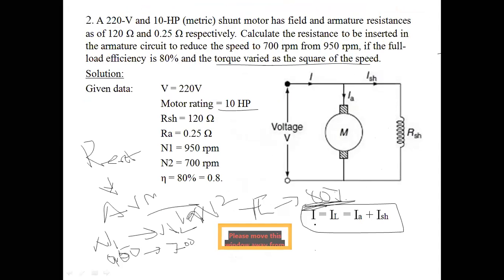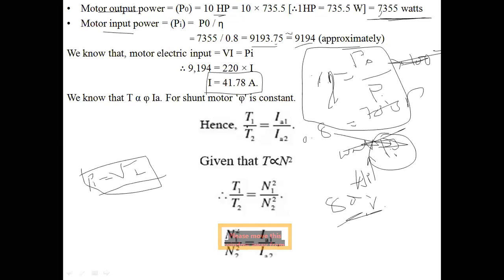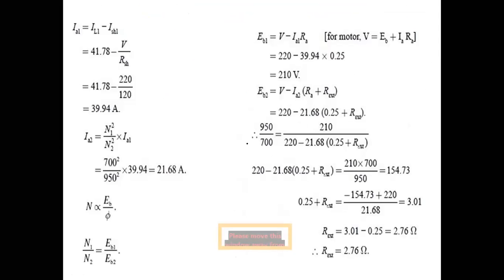This is I, that is 41.78. So please go through these solutions, I will post them. Like this, you are going to calculate Ia1 and Ia2.